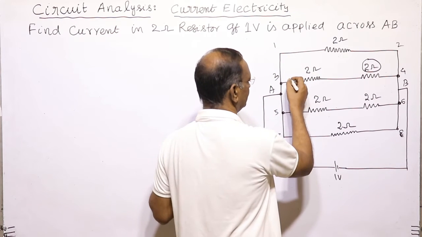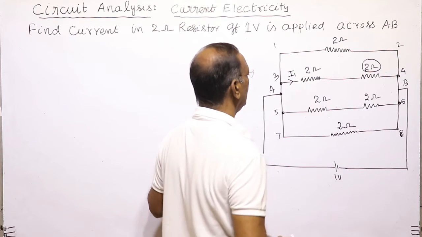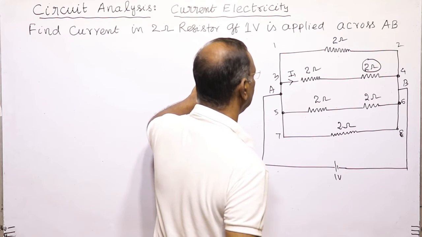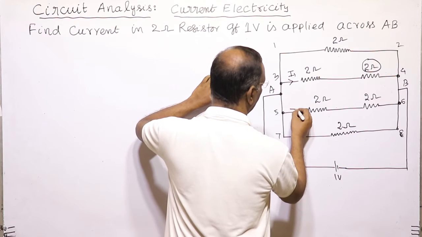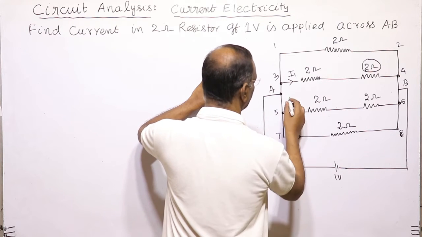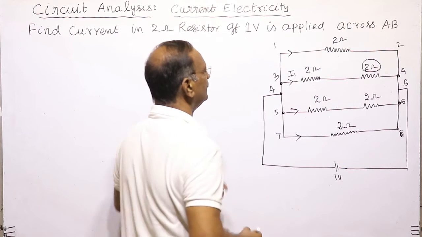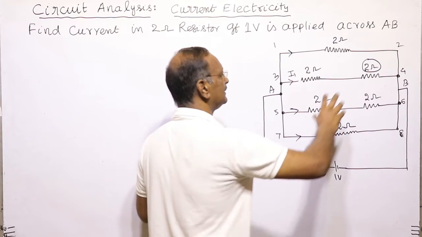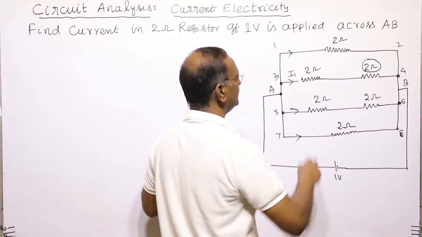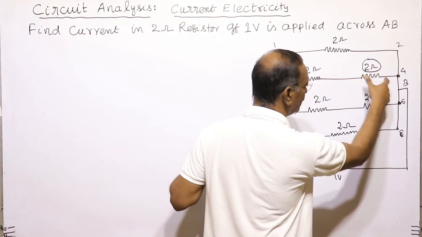Because here suppose we call this I1, and here we call it some current. The current will come, some will flow in one branch, some in another. We have to find out what is the current here. Since this is series, whatever current is flowing here, the same current will flow here.